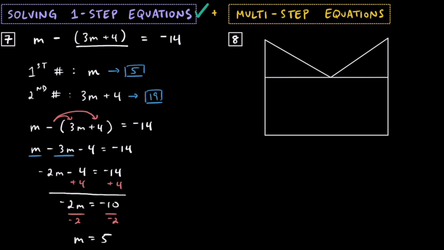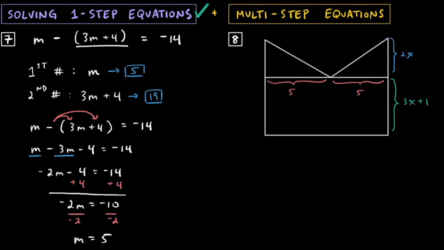And let's get some measurements here. For the first measurement, I'm going to put in here from here to here. Let's call that 5 units going across, and from here to here, let's say that's also 5 units across. I'm going to take on the side here, this is going to be 2x units, and then let's say going down the side over here, that's going to be 3x plus 1 units.